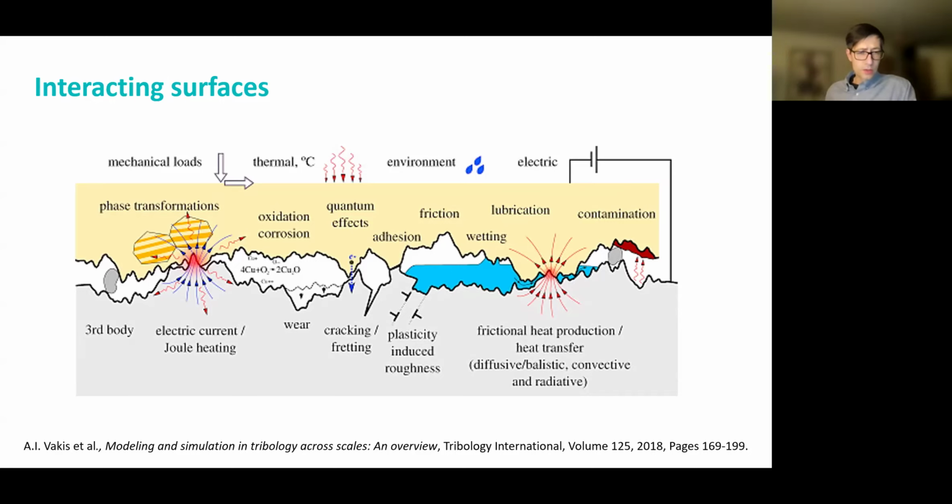You are generating some third bodies as a result of the wear. You have friction, adhesion. You might choose to introduce a lubricant, and with that, change the environment. And of course, that will lead to some other chemical processes, and so on and so on. So, a beautifully complicated picture of a very simple interaction of two surfaces.